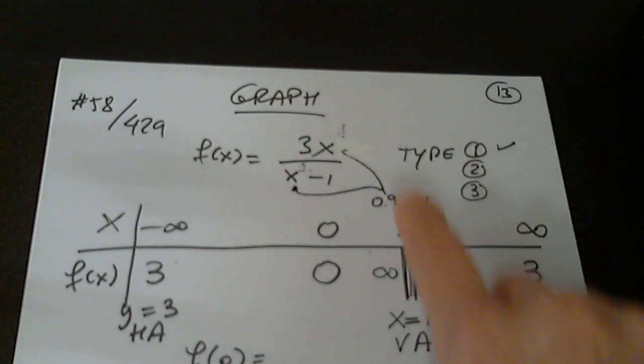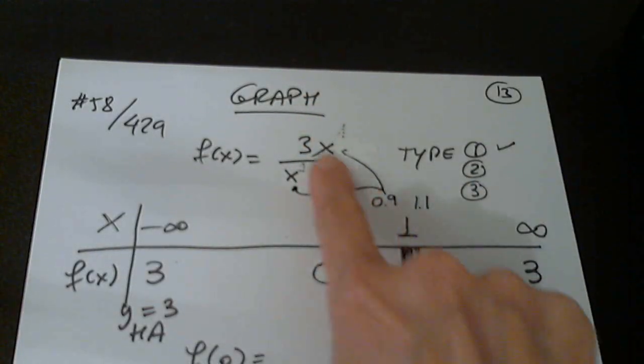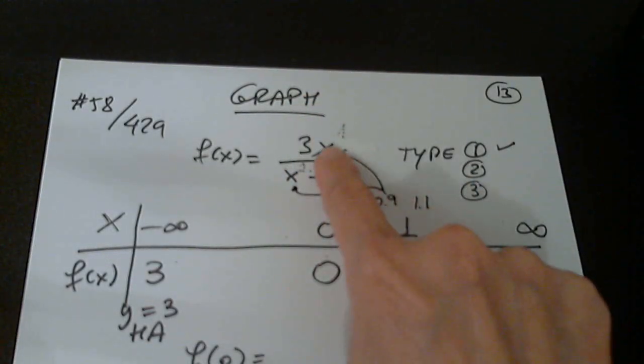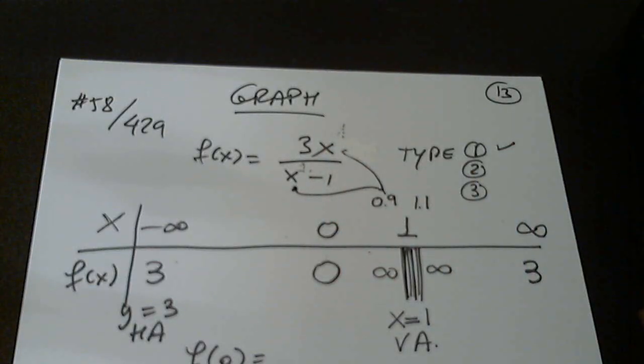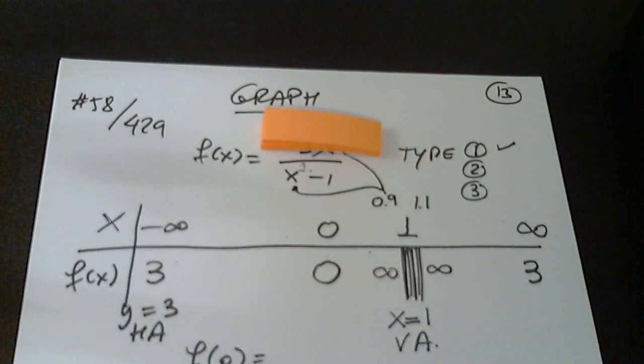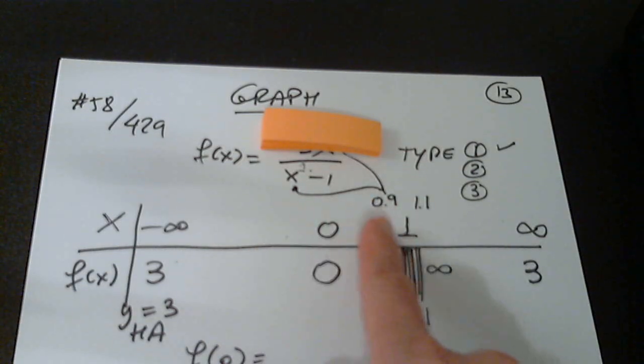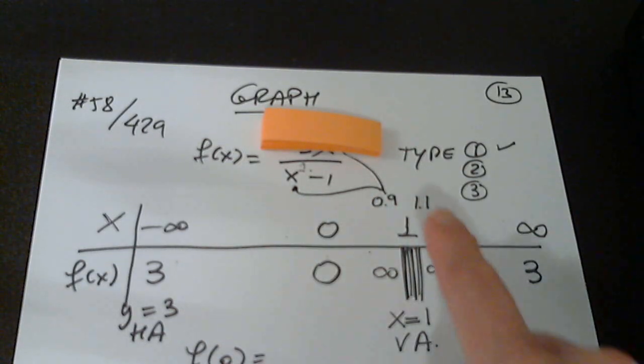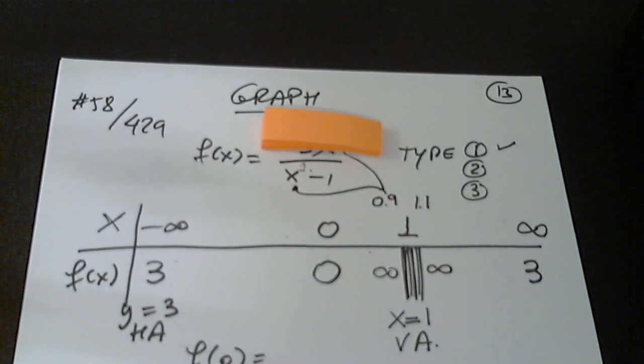So notice that if I punch in here positive 0.9 or positive 1.1, this is positive. Don't even bother with it. See what the sign is when you punch in 0.9, and what will be the sign when you put in 1.1. You don't actually have to do it, just think for a moment. When you punch in 0.9, what is the sign?